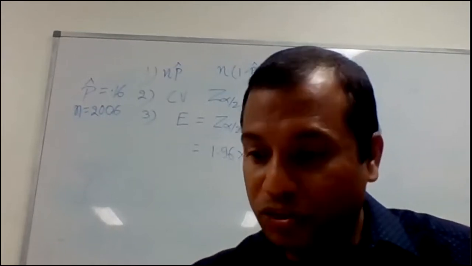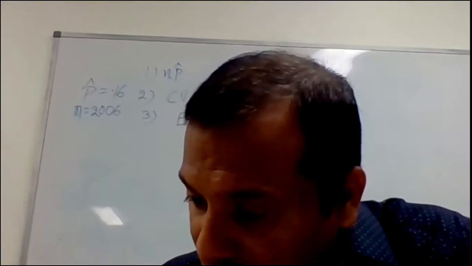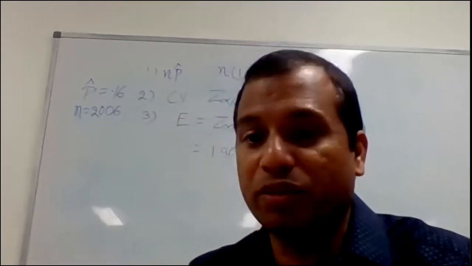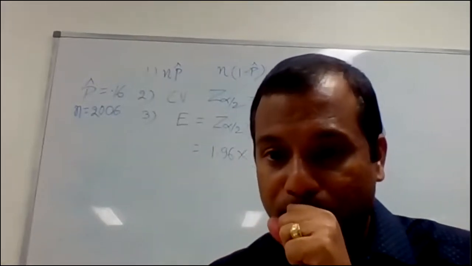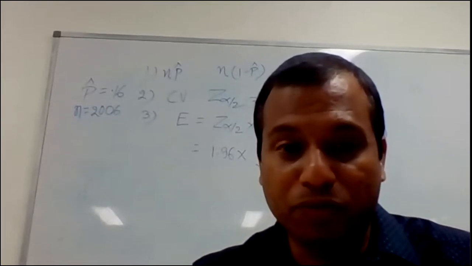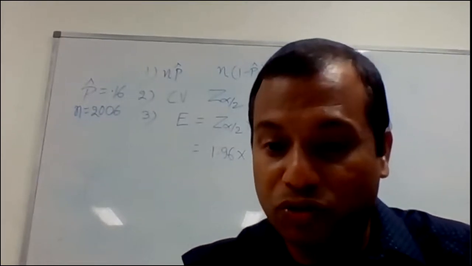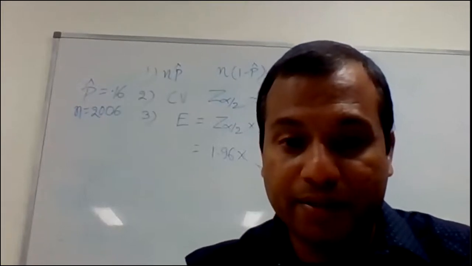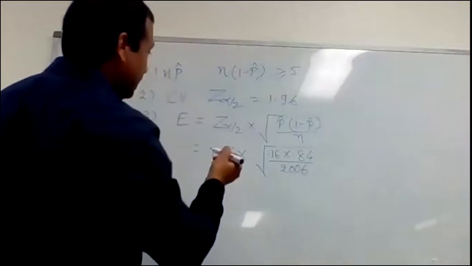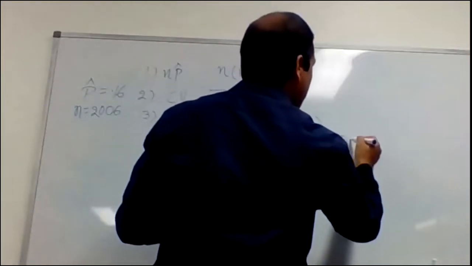Yes, tell me. 0.016. 0.016. Others, can you confirm this one? Yeah, I got that too. Exactly. So I got it from 2 or 3 different people, you're saying so 0.016. Okay. So now you got this E value is 0.016.